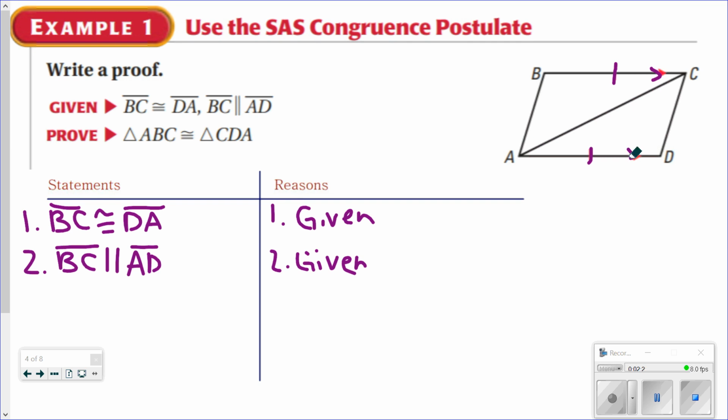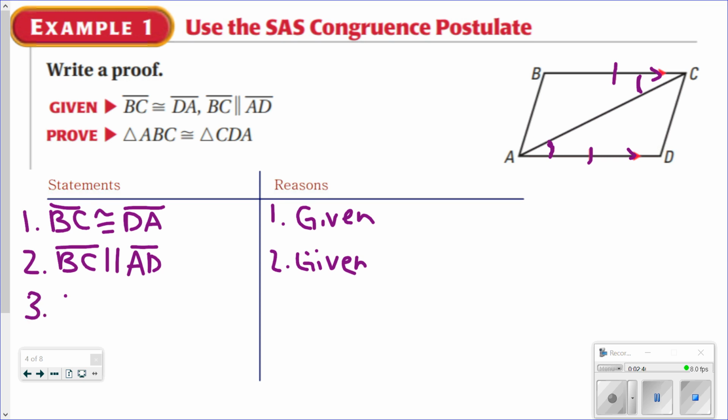All right, so next we need to figure out, being parallel, we have alternate interior angles. So which angles, knowing that these two lines are parallel, do we have that are congruent? Well, this angle here and this angle here are congruent. And I'm going to write this down.